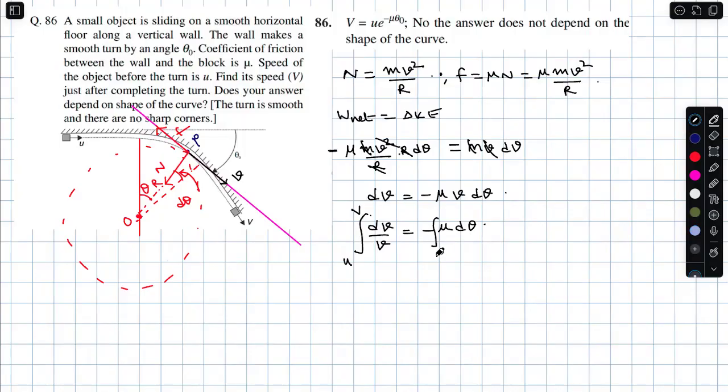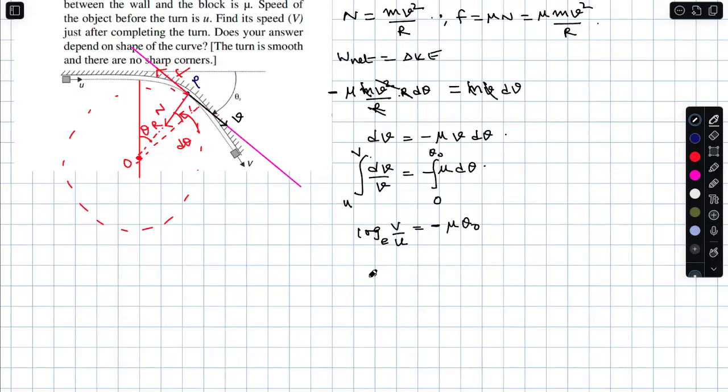You just have turned by an angle theta naught. So log e of v by u is minus mu theta naught. So therefore v is u times e power minus mu theta naught. Do you know this?